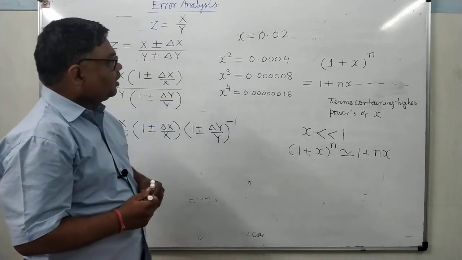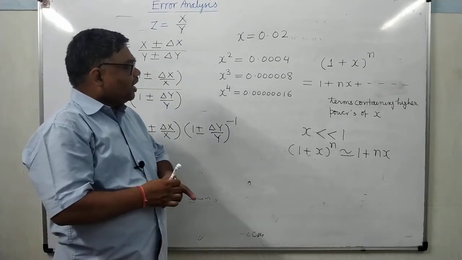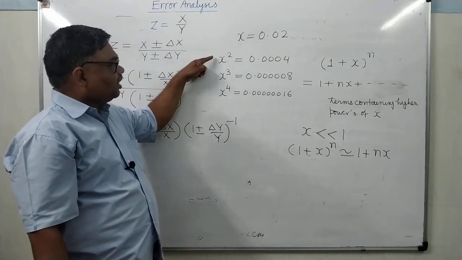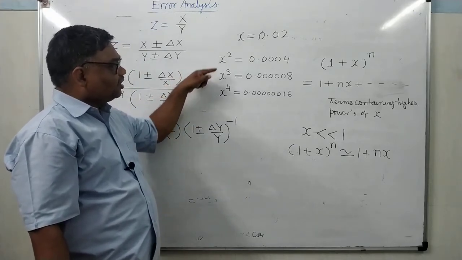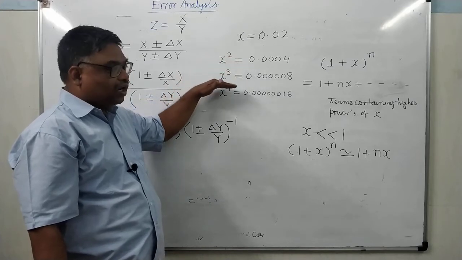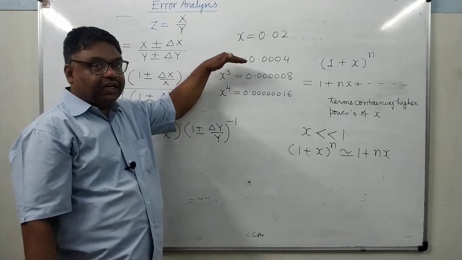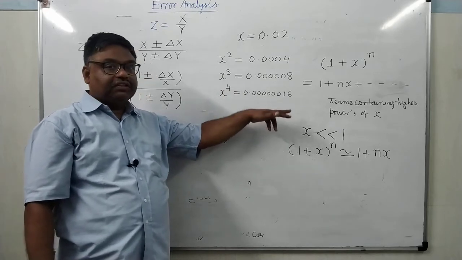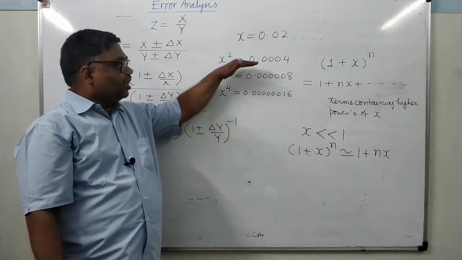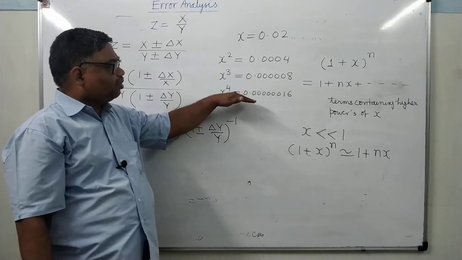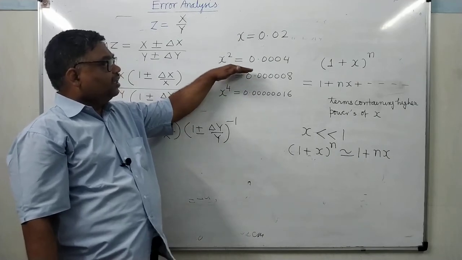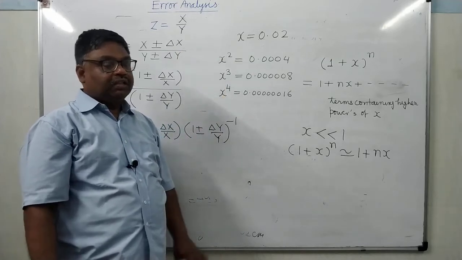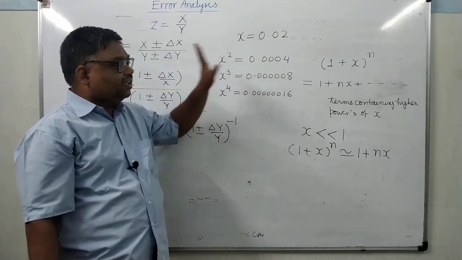So you will find that when x is much smaller than 1, the terms containing higher powers of x are decreasing more and more. They are greatly decreasing. When the value of x is much less than 1, the values of the terms x square, x cube, x to the power 4 are very small in comparison to x. That's why we can neglect these terms.